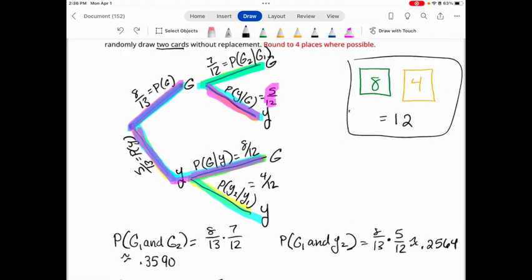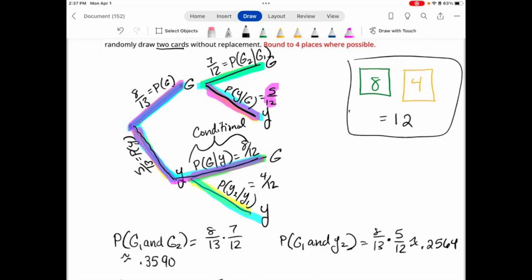Something that I want to bring up again that I mentioned in the first video is that when you're trying to find your conditional probability and you're looking at a probability tree diagram, the conditional probability is specifically one branch, just that one piece. When you're looking for the and statement, where I come down the whole branch and see the probability of getting a yellow and then getting a green, that's the and statement.